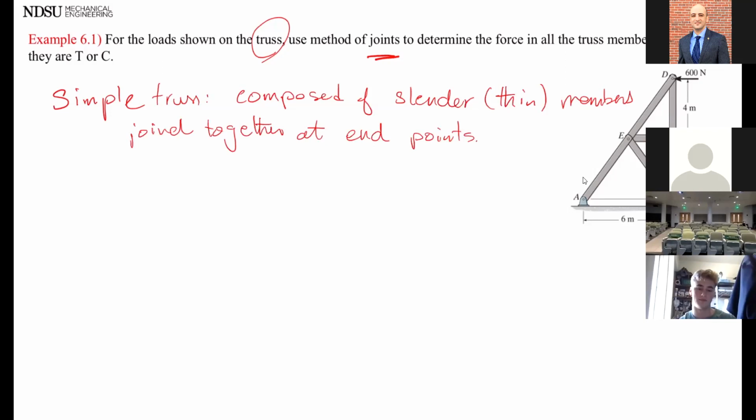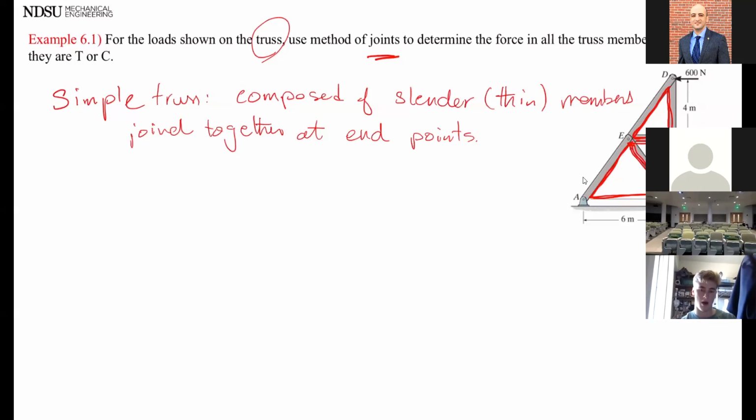So the key usually is you should be able to see triangle patterns. See that there are triangles forming? That's usually an indication of a truss, but not all the time.